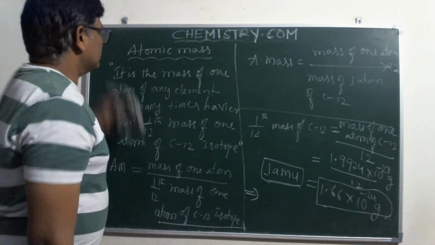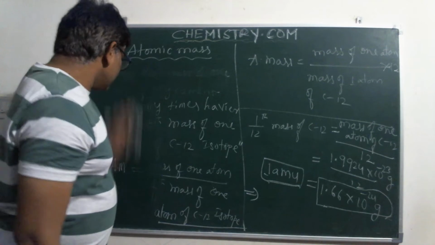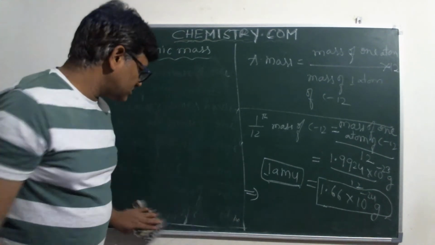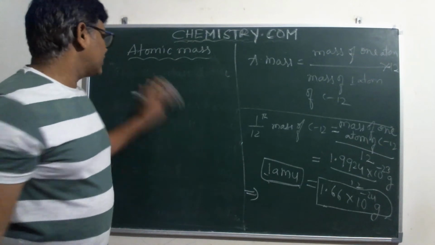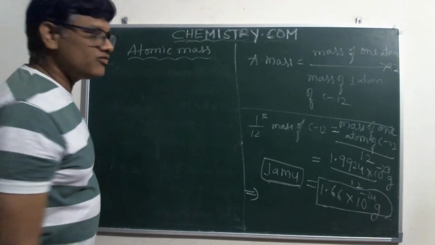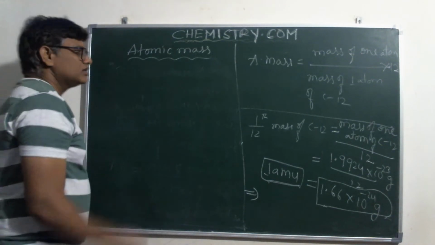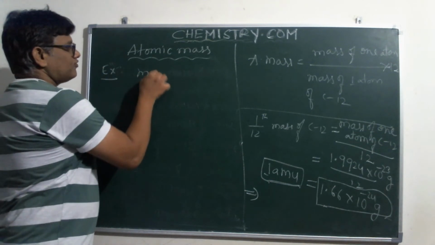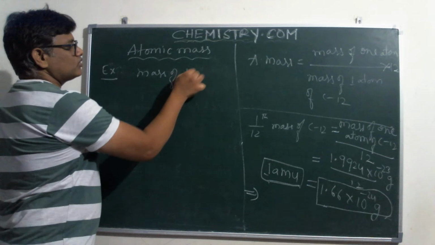Okay, now let's find the atomic mass of hydrogen, taking the reference mass of 1/12 of carbon 12 isotope. For example, I want to calculate the mass of one hydrogen atom.